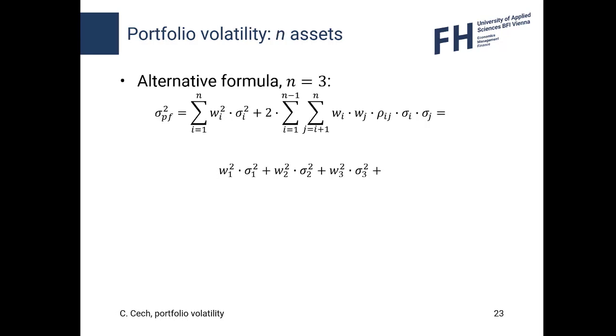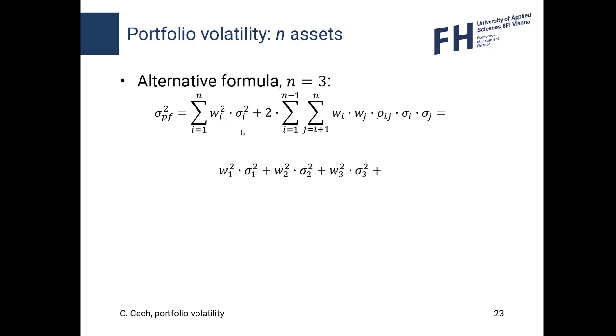I want to present to you now an alternative formula, which is similar to the formula that we have just talked about for the portfolio variance, and I believe it is even more elegant than the first one, but if I correctly understand, it is not so widely used. The first part is the same as before.